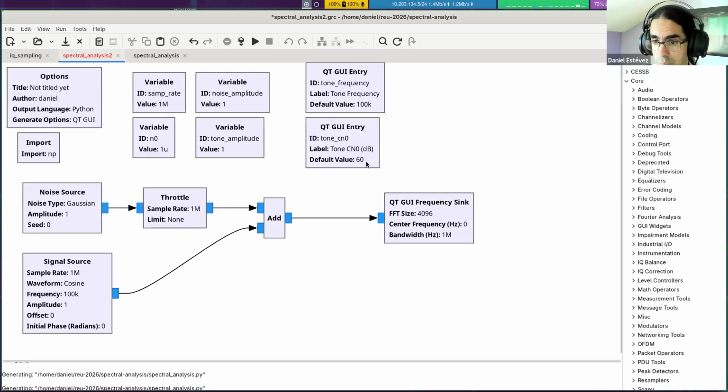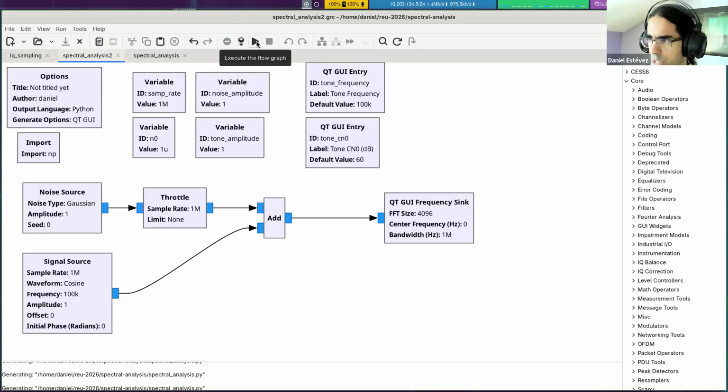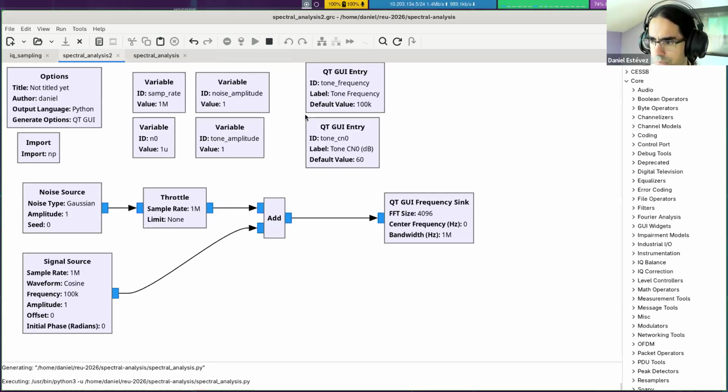So the tone ends up being the same power as the noise in my whole bandwidth, but this is just a coincidence because the sample rate happens to be 1 megahertz, and I happen to put here 60 dBs, which is the same as 1 million. So let's run this, and then I can stop for questions and also for the break.